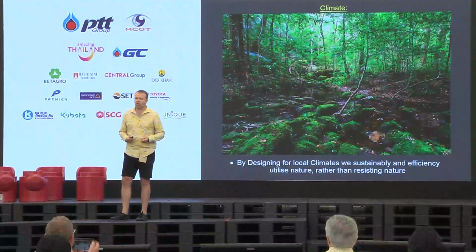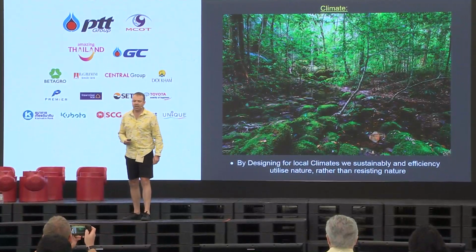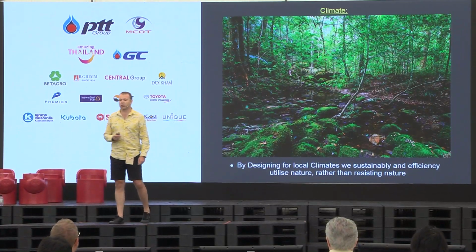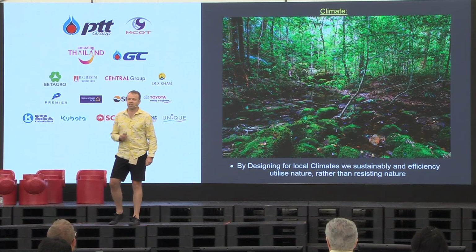So compared to the three last examples, this is 70% less energy compared to a non-design environmental house. This uses minimum amounts of smart tech to solve bad design problems. By designing for local climates, we sustainably and efficiently utilize nature rather than resisting nature.